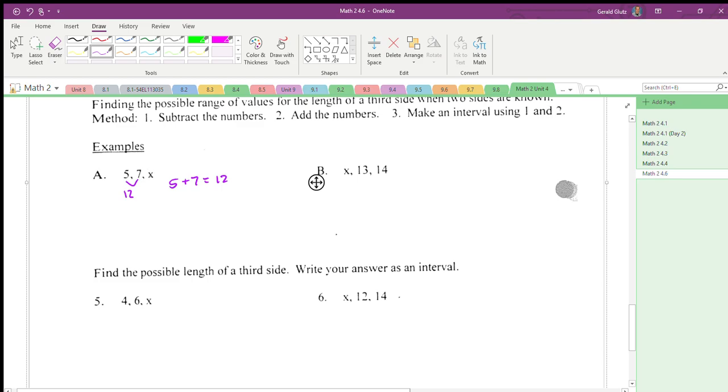If x was not the biggest side, if I subtract 7 minus 5, I get 2. So that means x can be in between 2 and 12. It cannot equal 2 or 12, so that's why I don't have that little equal sign there. X just has to be anywhere in between 2 and 12. And no matter how you add any of the two sides, it'll always be greater than the third.